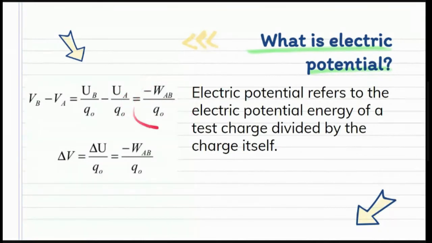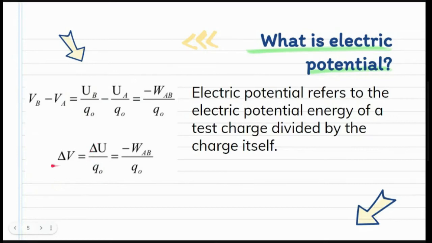Okay? This is in the form of a work done equation. But for the sake of presentation, what we can use is the energy equation, energy U. Now, since it's a difference, we can simplify this equation as the potential difference between 2 points that is tested by a test charge here.